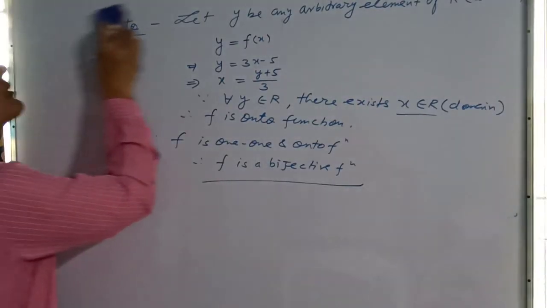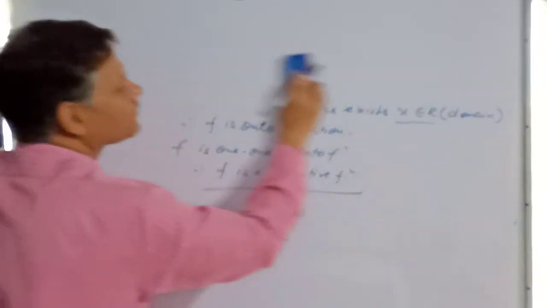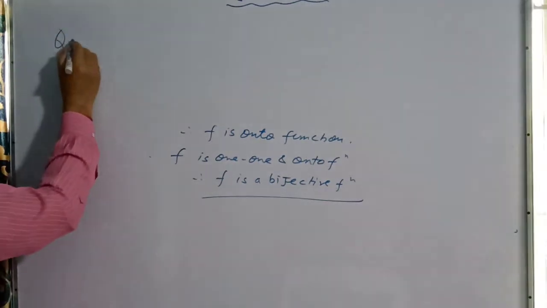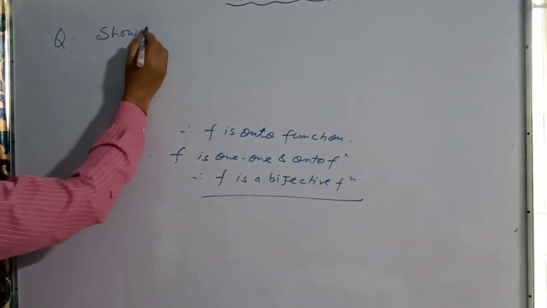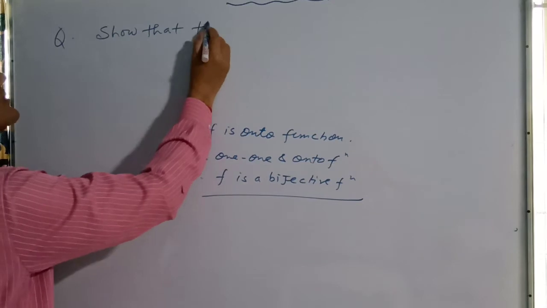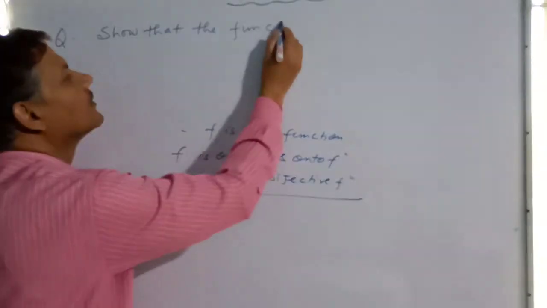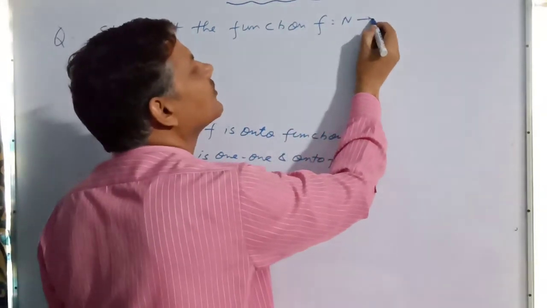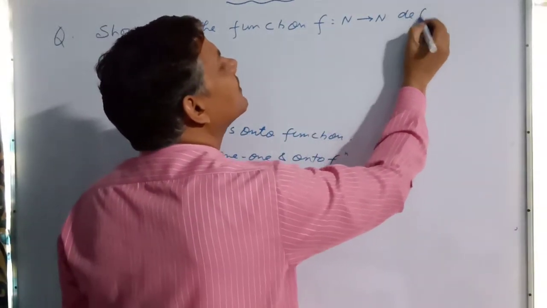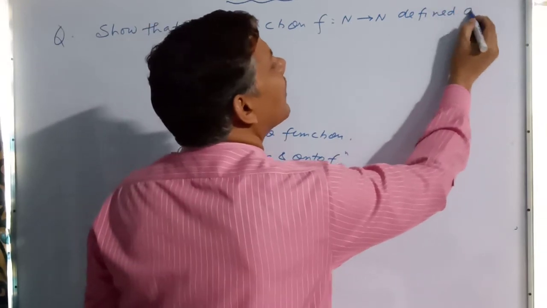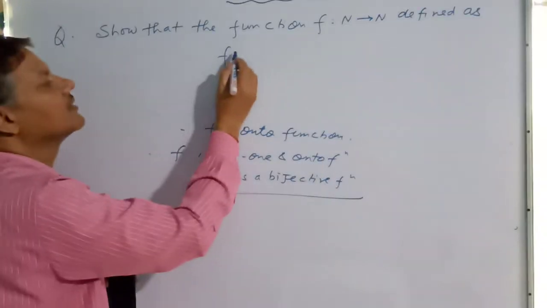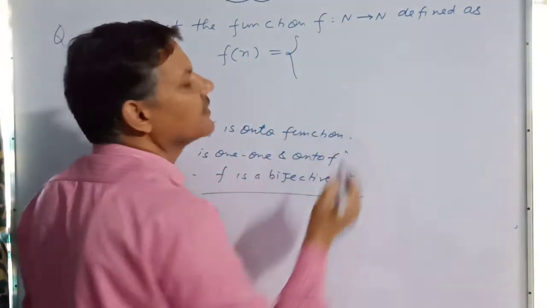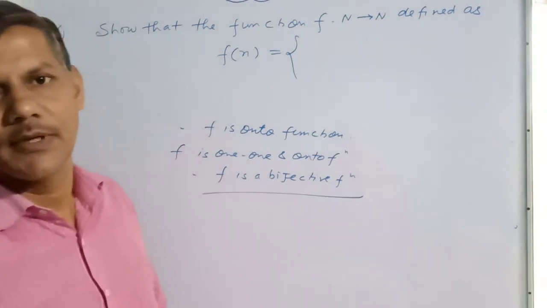Just take the next question. The function f from the set of natural numbers to natural numbers is defined as: images of all those n, since natural numbers are divided into two parts, even and odd.